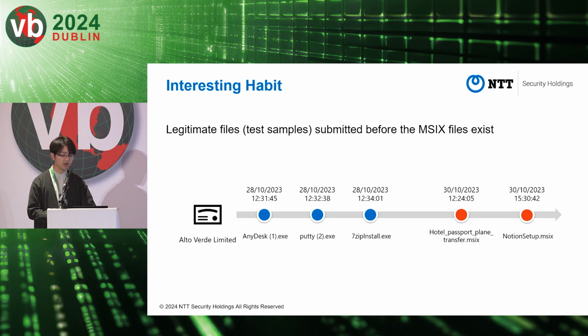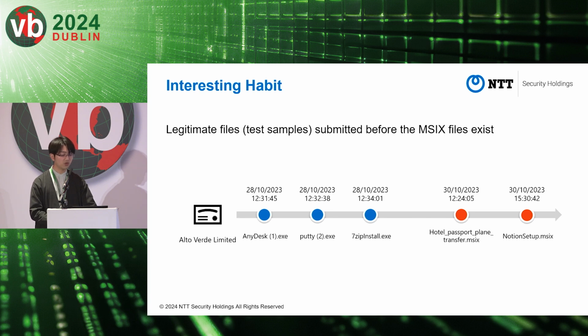Many of the certificates exploited in this attack were specifically created for this attack campaign. So most of the samples signed with these certificates are related to MSIX files. However, these blue samples are not related to this attack campaign. We refer to these earlier samples as test samples.